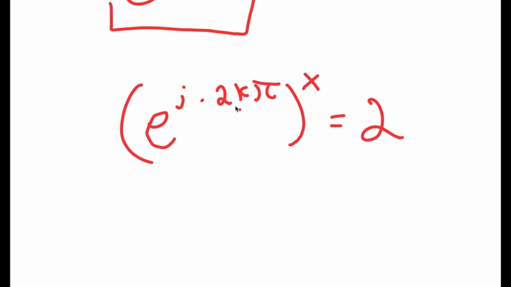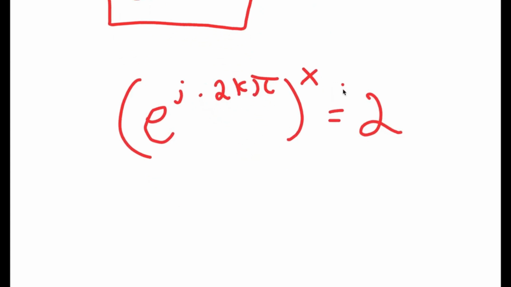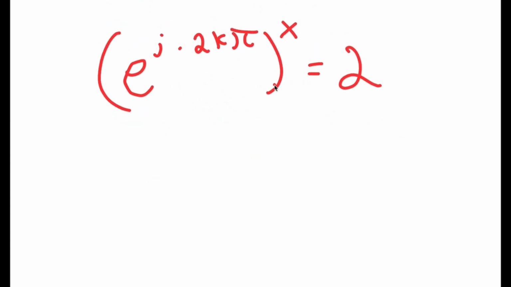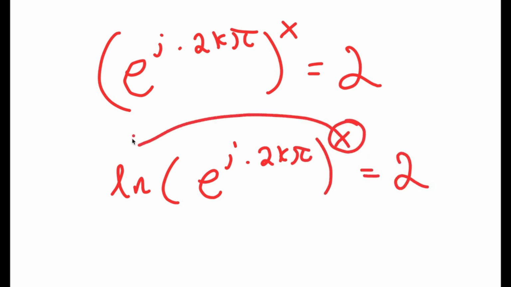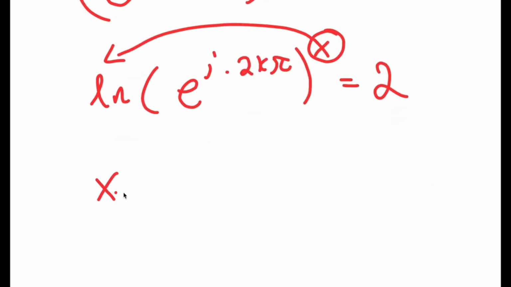So just think of this as 1. So I have basically 1 to the power of x equals 2. And now with this, I'm going to take the ln or natural log on both sides.